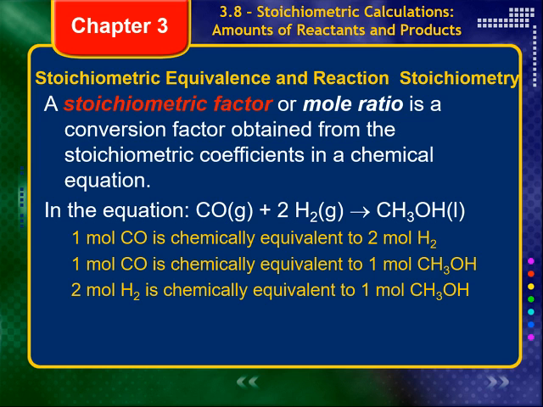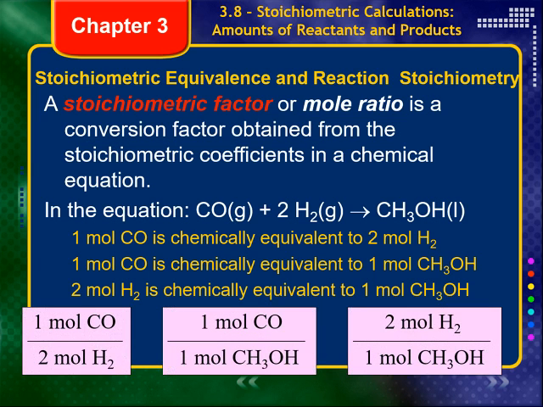The relationship between carbon monoxide and hydrogen is 1 mole to 2 moles. Now, the relationship is also 2 moles to 1 mole, going back the other way. And so that means from these three different relationships, we can take these conversion factors and flip numerators for denominators depending on what substance we're going from and what substance we're going to. So realize out of each of these three relationships, you can get a total of 6 different conversion factors.